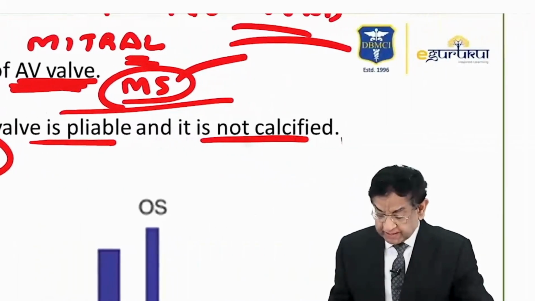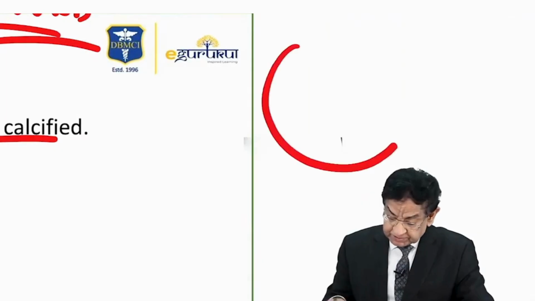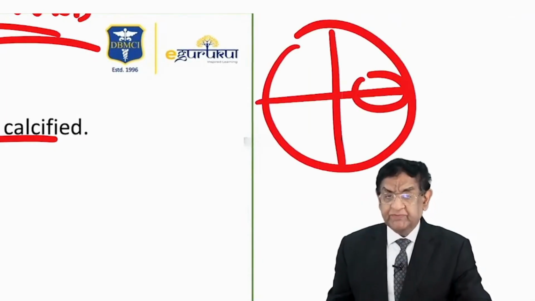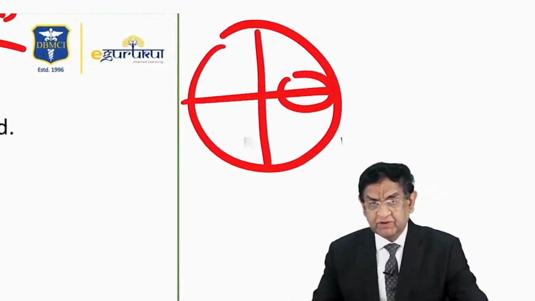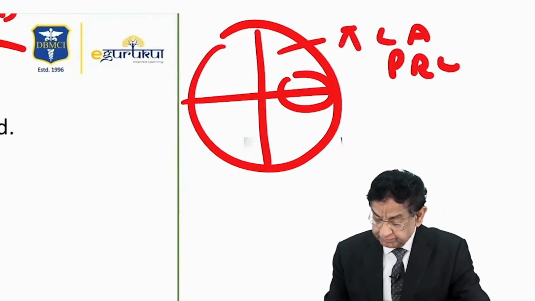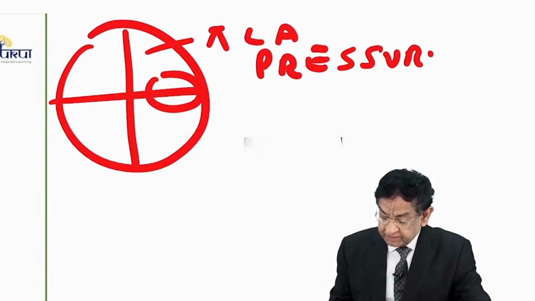The important point is that it is not calcified. Why is it getting produced? This is the mitral valve, and we know the basic pathophysiology of mitral stenosis is increased LA pressure. Increased LA pressure is the hallmark.